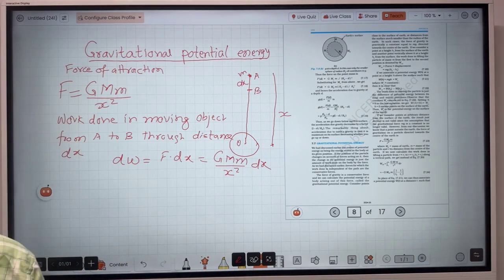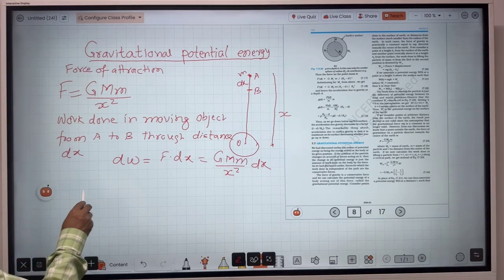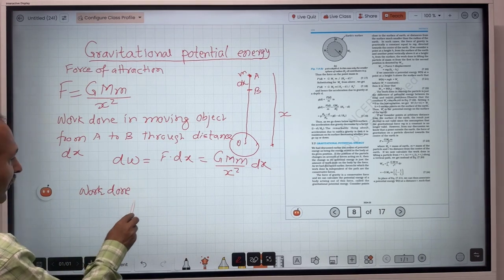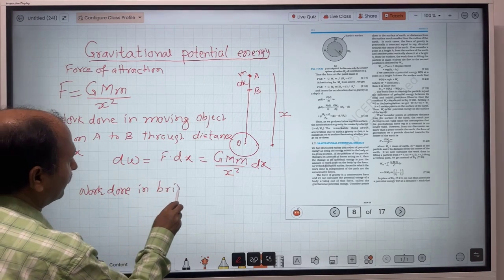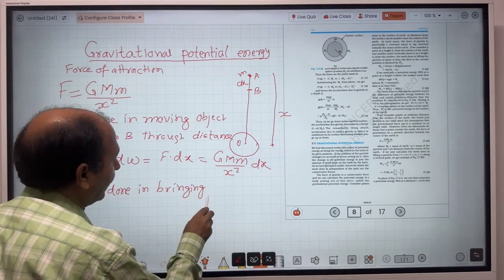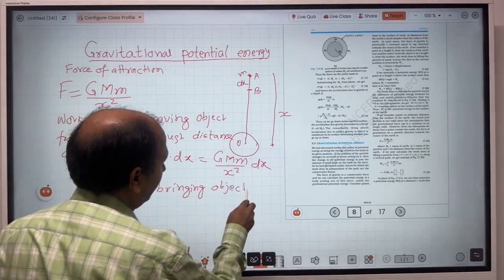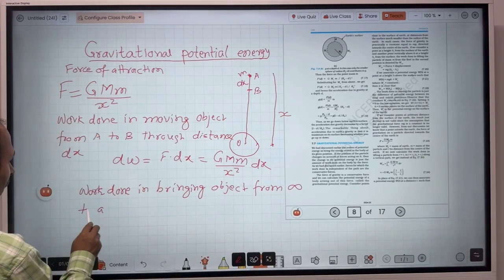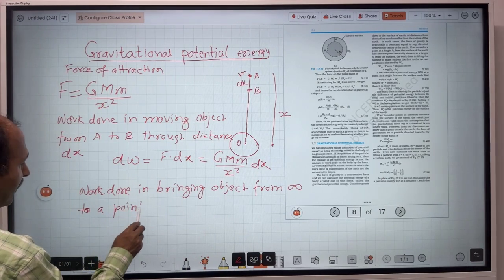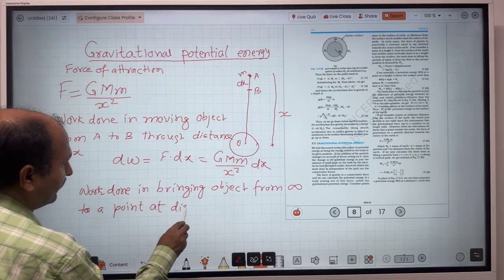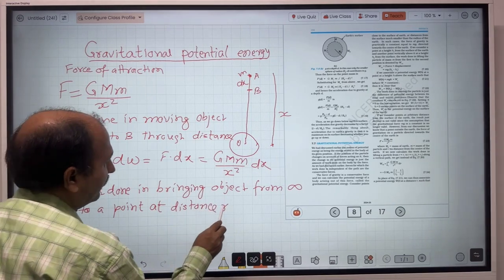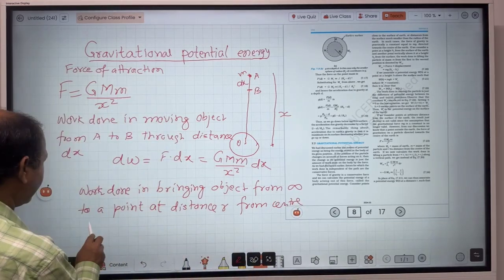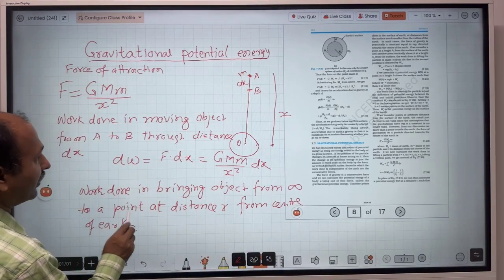So we can write work done in bringing the object from infinity to a point at distance r from the center of Earth, right?